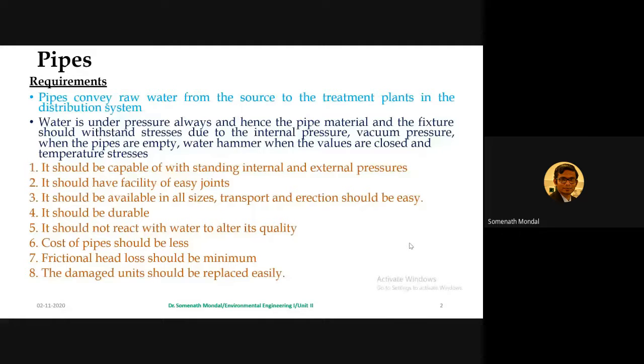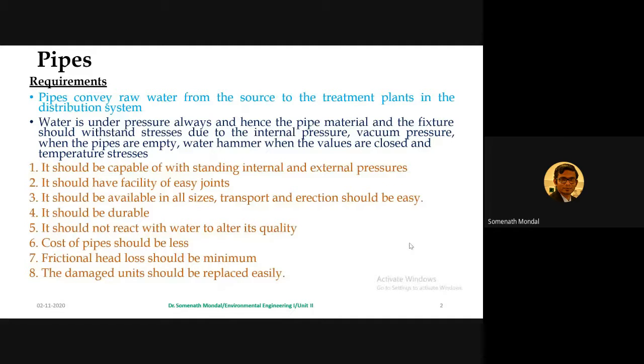On the other hand, we have the pressure conduits. When we say pressure conduits, we tend to talk about pipes, because these are closed conduits, and as such no air can enter the system, and the water flows under pressure above the atmospheric pressure.